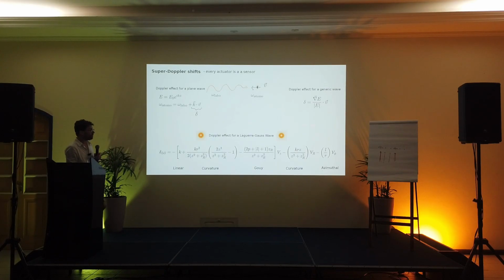And it has another peculiarity: it has no length scale. All of this has k, this has ZR, which is the Rayleigh range, this has k. But here, there's no length scale. So, in principle, this effect doesn't depend on the size of the beam, doesn't depend on the wavelength, and it diverges as you get closer and closer.